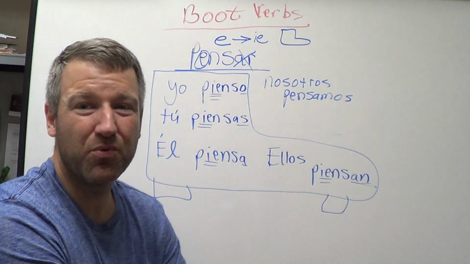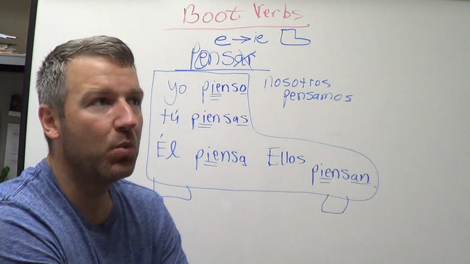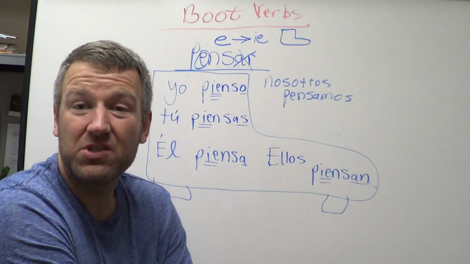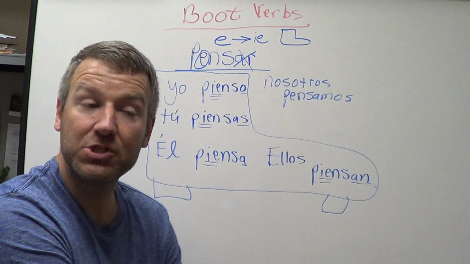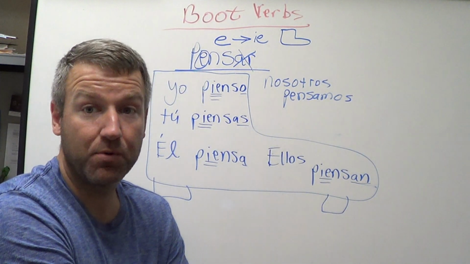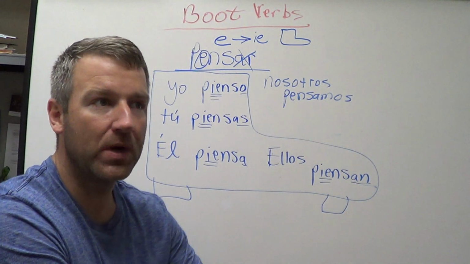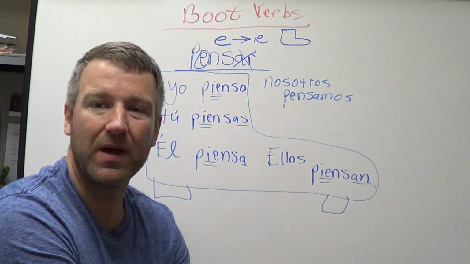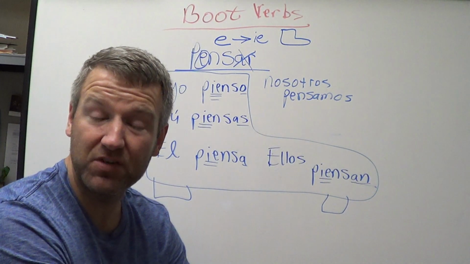Most Hispanics are probably not going to be trying to analyze, well, why does that E go to an IE? Why does this E stay the same? It's just that they've used these verbs so much, it's just second nature. So as you practice these verbs, I can promise the more you practice them, perhaps the less you will start questioning, well, why does this change this way? It'll just seem like second nature. You'll know that that's just what you have to do.